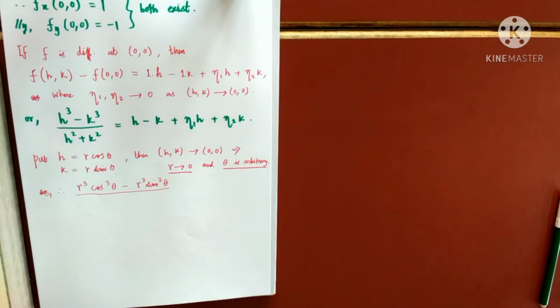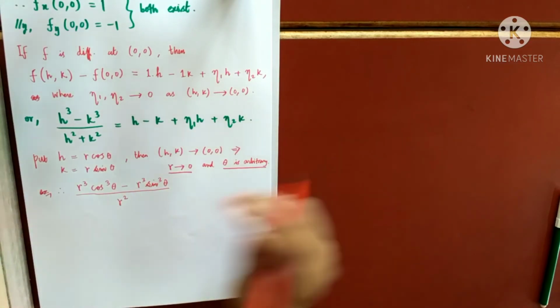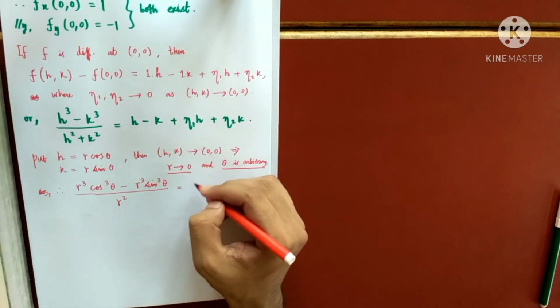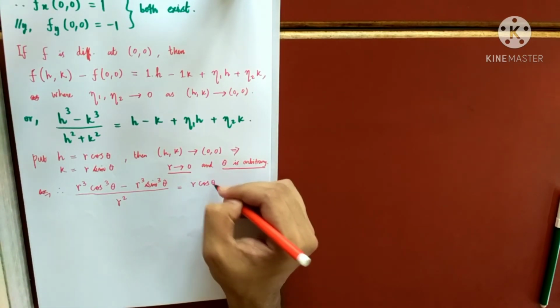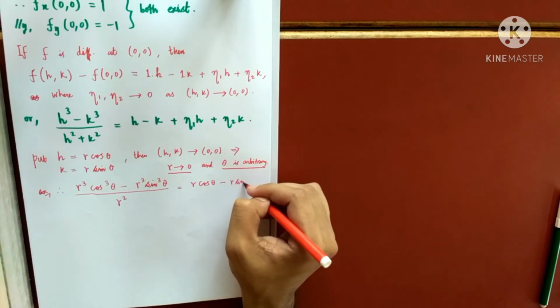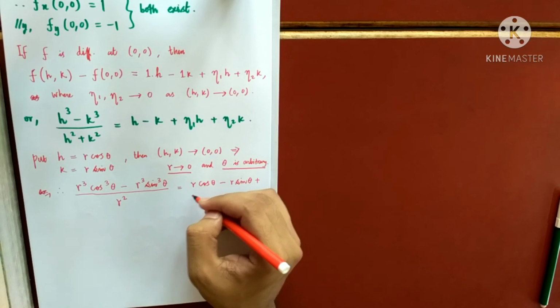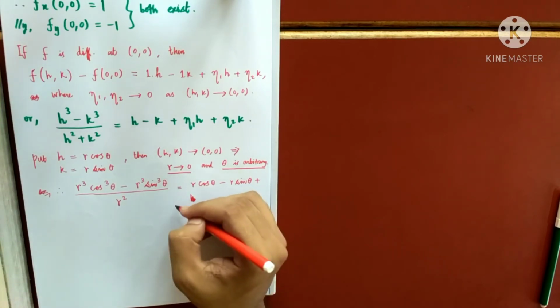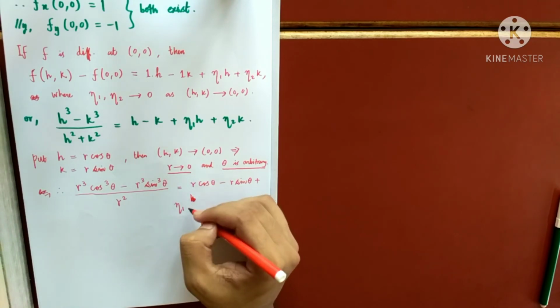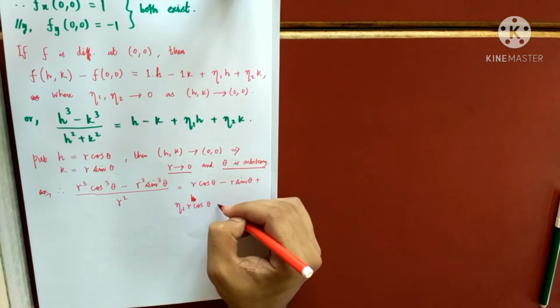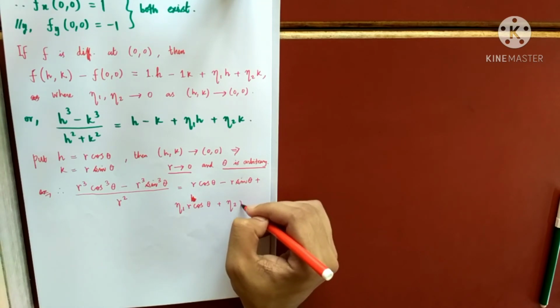H square is r square cos square theta, k square is r square sine square theta. Take r square common, cos square theta plus sine square theta is 1. So the denominator will be only r square. H is r cos theta, k is r sine theta, plus eta 1 into h, that means r cos theta, plus eta 2 into r sine theta.